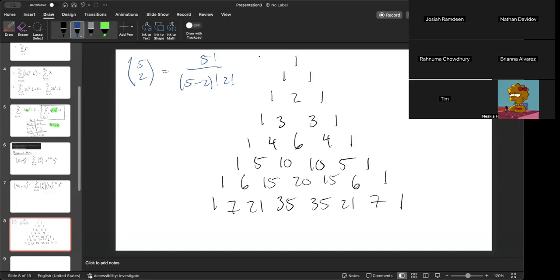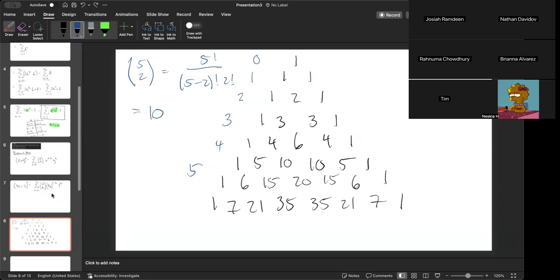So I can go to the 5th row, counting the 0th row, 1st row, 2nd row, 3rd row, 4th row, 5th row, and look at the second element. This is the 0th element, this is the first element, and this is the second element. So I know instantly that 5 choose 2 is going to be 10. That's what Pascal's triangle tells you.